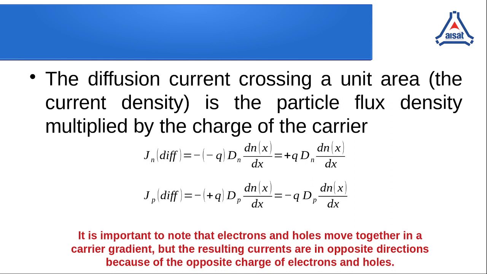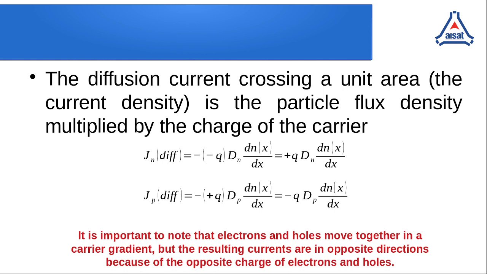This diffusion causes diffusion current. The diffusion current crossing a unit area, or the current density, is the particle flux density multiplied by the charge of the carrier. If we multiply the charge with the flux density, we get the current.